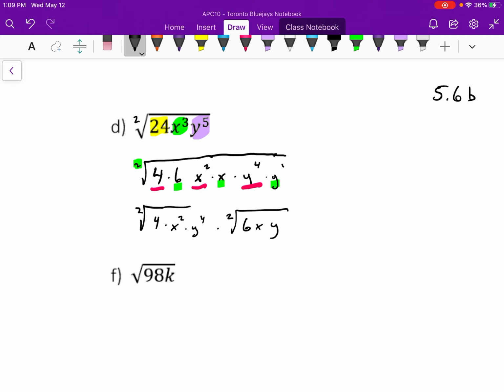Essentially, everything that I could take the square root of, I put under one radical. Everything that is non-square-rootable, I left in the radical on the right.